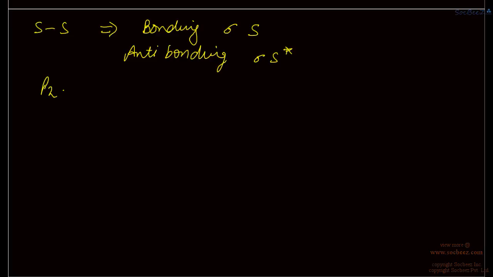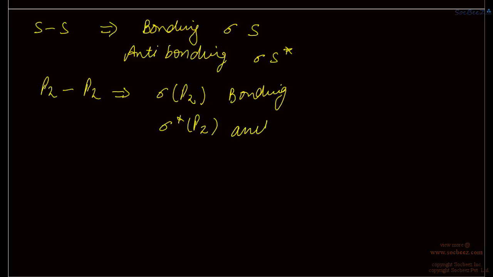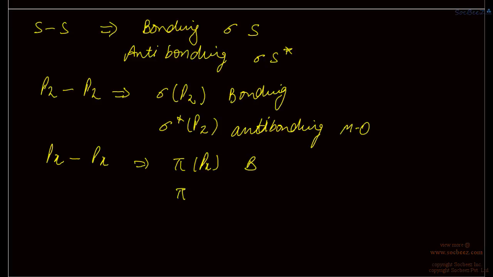Similarly, when pz and pz combine, they give us sigma pz as the bonding orbital and sigma star pz as the anti-bonding orbital. Well, there are many other types of bonding and anti-bonding orbitals. For example, when px combines with px, they give pi px as bonding and pi star px as anti-bonding.